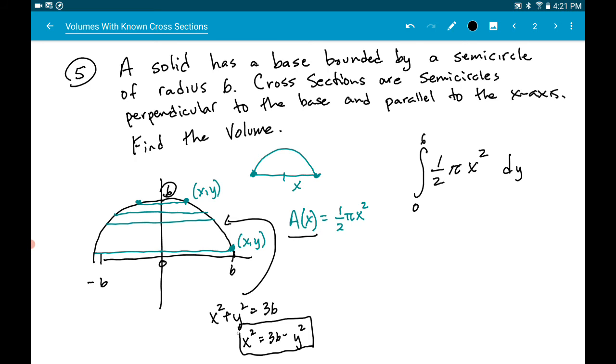So pause it if you didn't get this. Think about it for a second. I need to use this. So my volume, I believe, is going to be the integral from 0 to 6 of 1/2 pi x squared. But x squared is this.